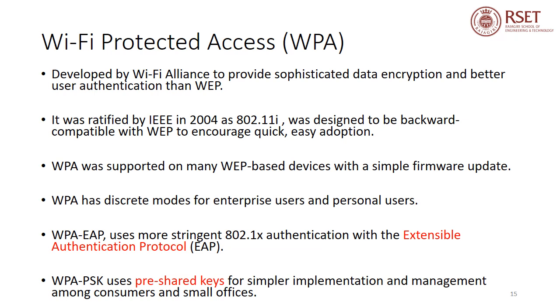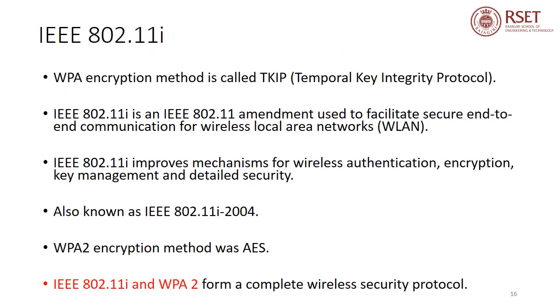When used in personal networks, it was called WPA PSK, where pre-shared keys were used for simple implementation and management among home users or small offices. So this is what is known as Wi-Fi Protected Access, or WPA. It was found to be better compared to the previous method, the WEP protocol, or Wired Equivalent Privacy protocol.